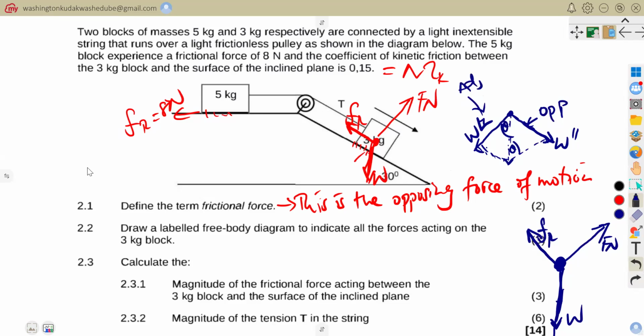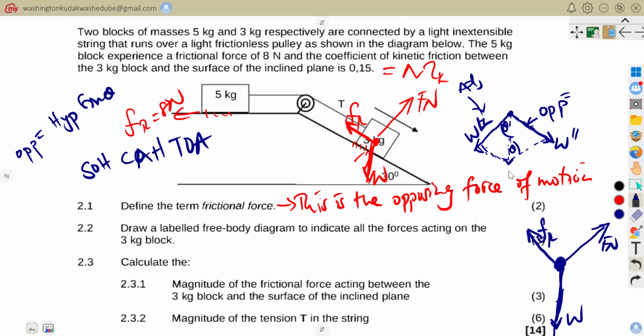So from your Pythagoras theorem, you usually use that cheat code, SOHCAHTOA, to say sine theta is equal to opposite over hypotenuse. So opposite would be equal to hypotenuse sine theta. Here my opposite would be equal to what? This is my hypotenuse, which is my weight. My weight sine theta. That becomes your parallel weight component.